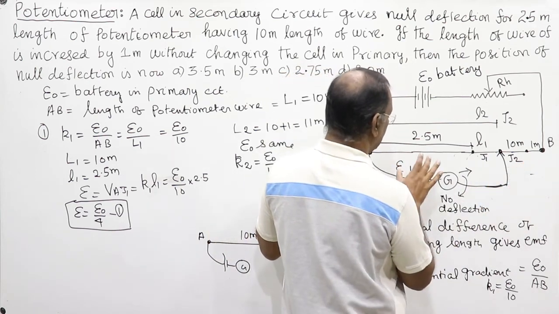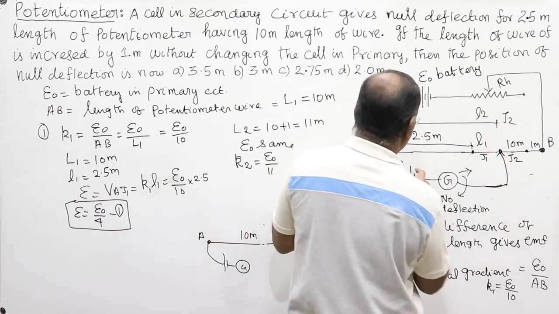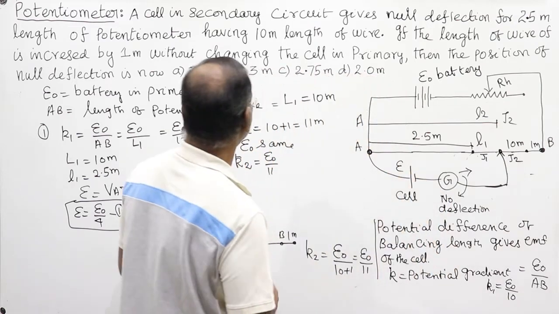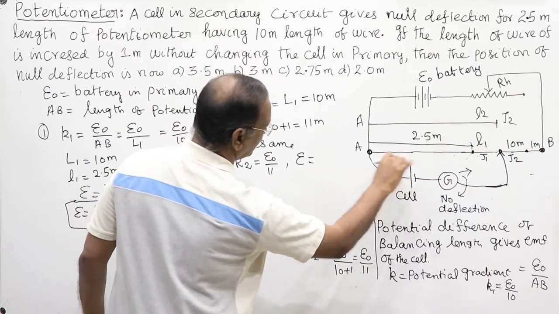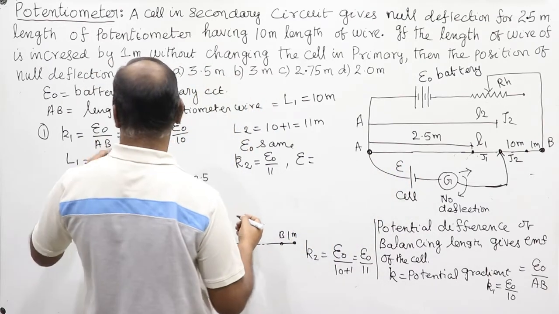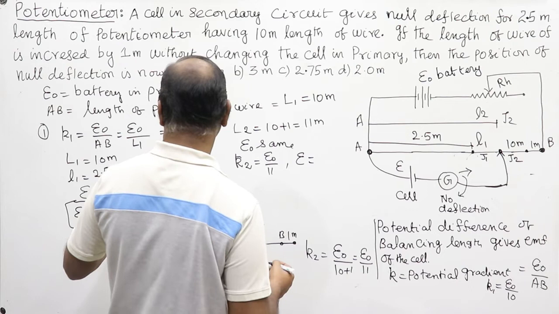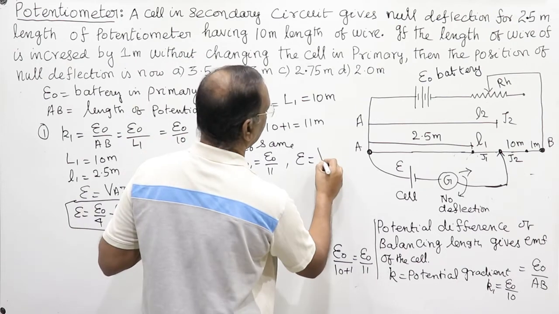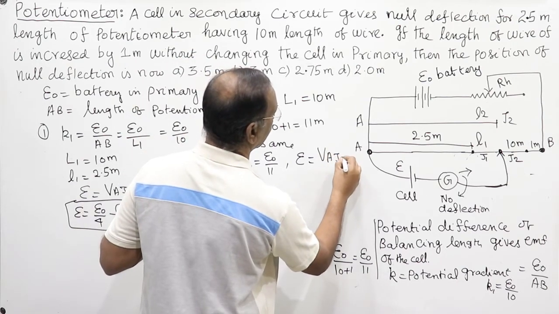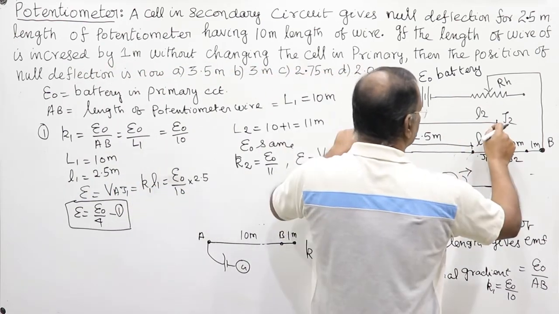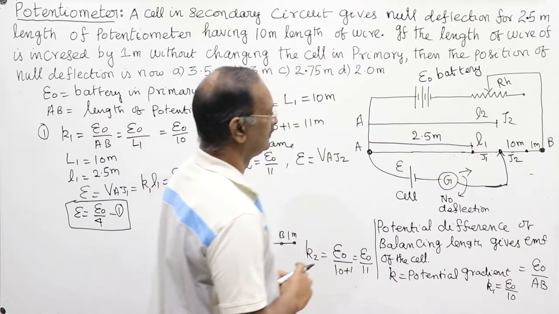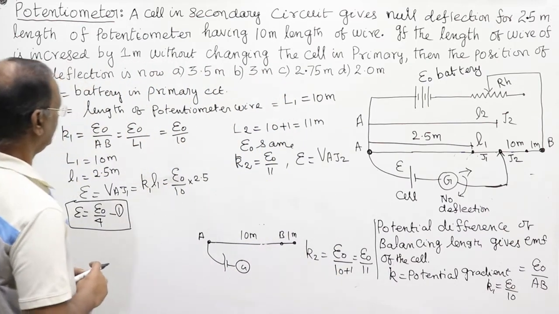In that condition, this length gives the EMF of the same cell. That is, the EMF of the cell is equal to V into AJ2.